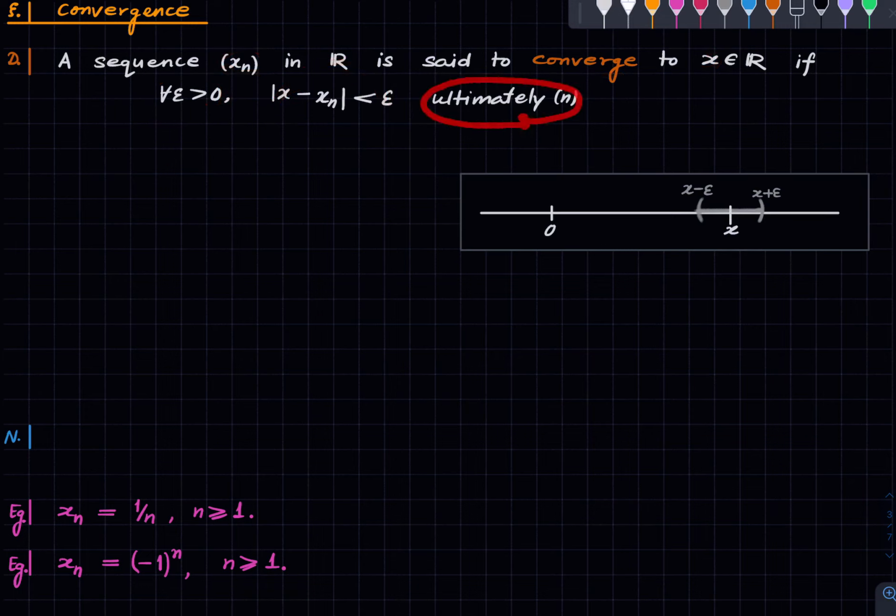This means that xn lies in this interval ultimately, which is saying, if we do not want to use this phrase, that for all epsilon greater than 0, there exists some capital N such that whenever little n is at least capital N, we have xn in this interval.